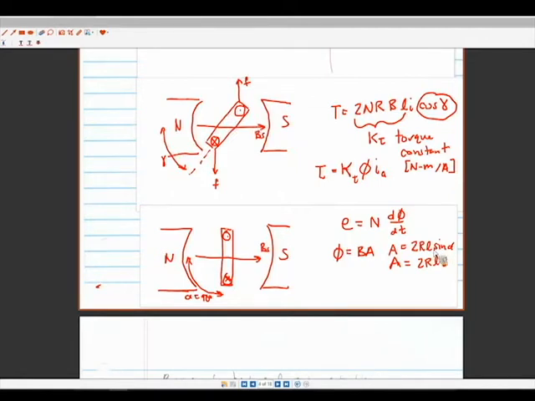We're going to have then a back EMF constant of 2NRBL, and then omega m, which is d phi/dt. So oftentimes you'll see this expressed as a back EMF constant, often given by Ka, the flux, and then the angular velocity.